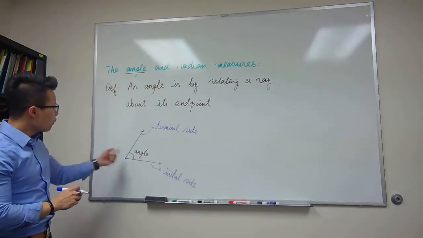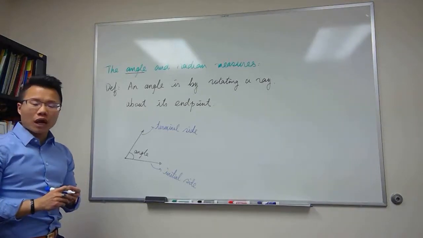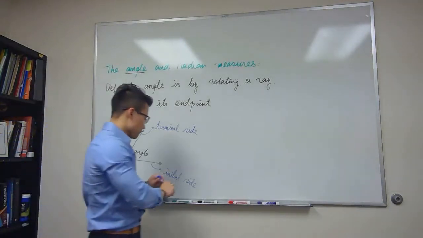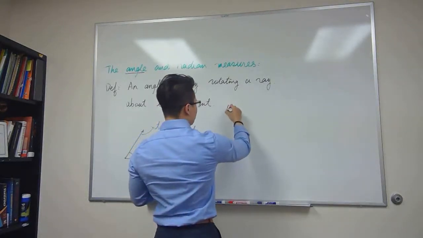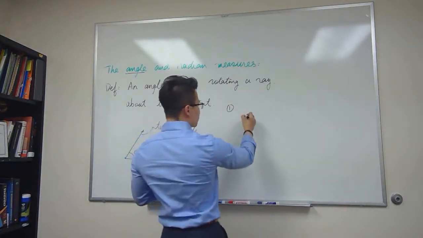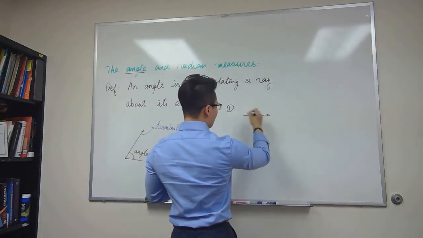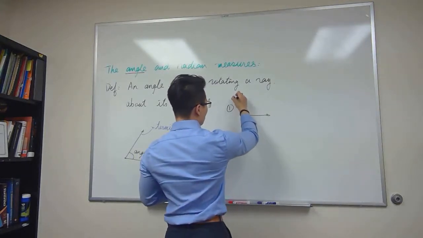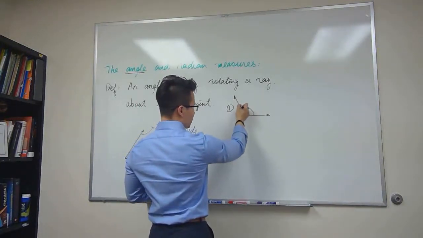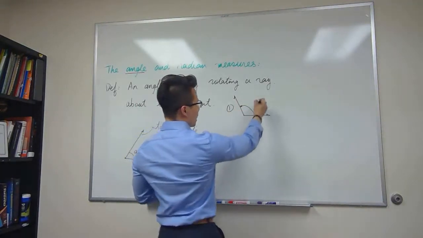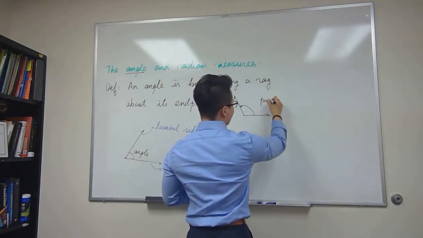Okay. So for angles like this, we obviously have 2 choices. The first choice is if we start from the position like here, and then go counterclockwise. So we're going this way. And this angle is what we call the positive angle.